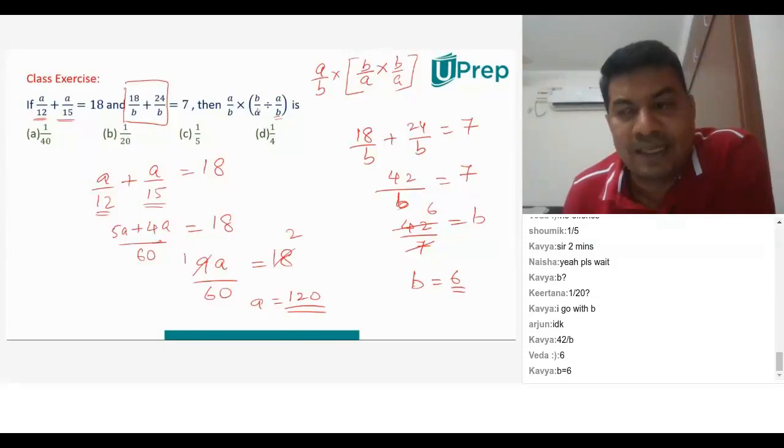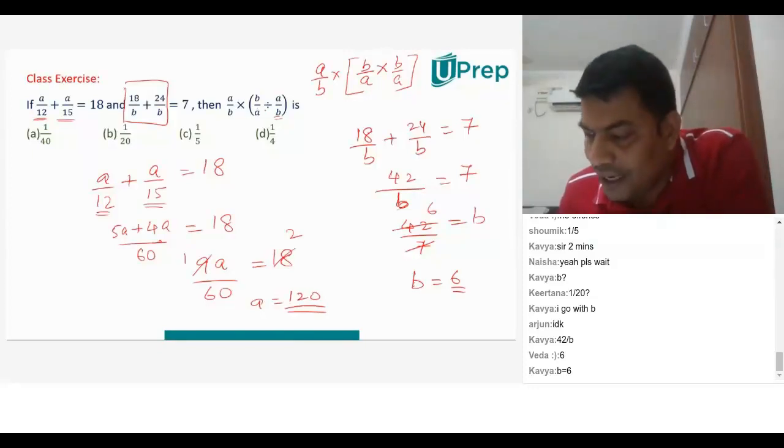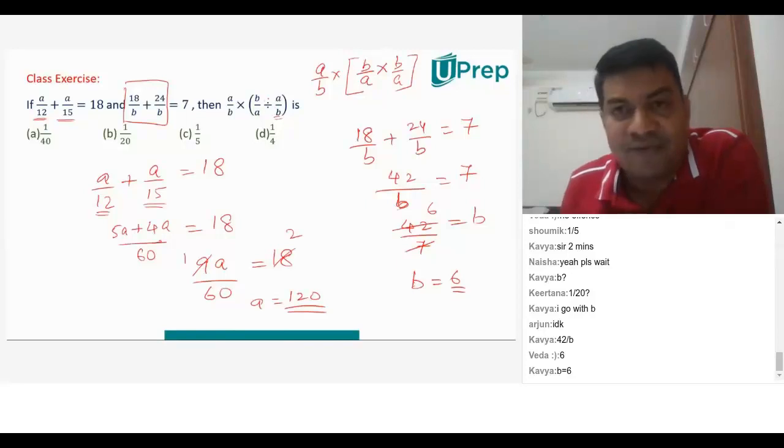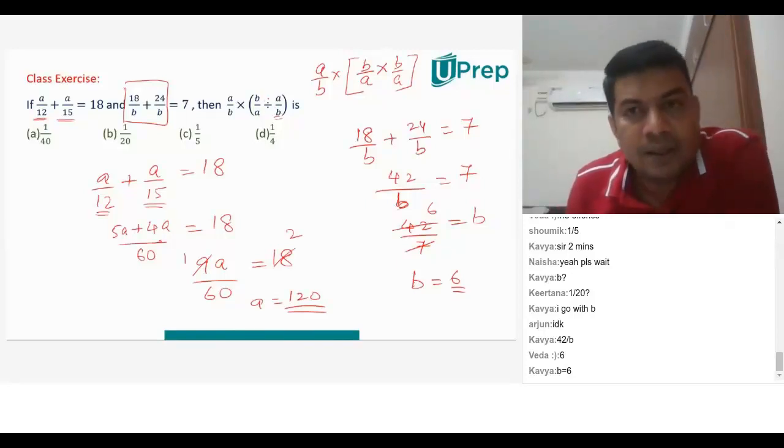No, the B and B don't cancel there. You cannot cancel here because it's B by A divided by A by B. It's not multiplication. If it were multiplication, it would have cancelled. It becomes the reciprocal.